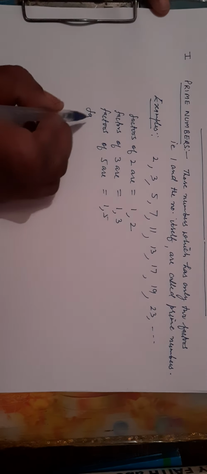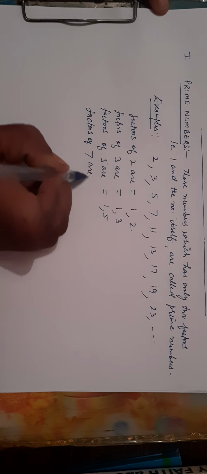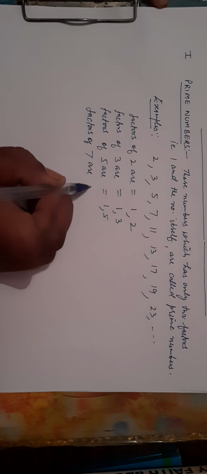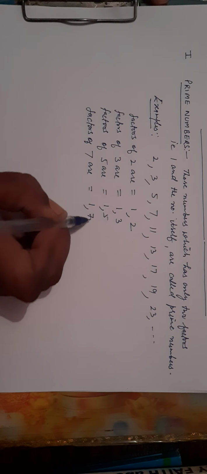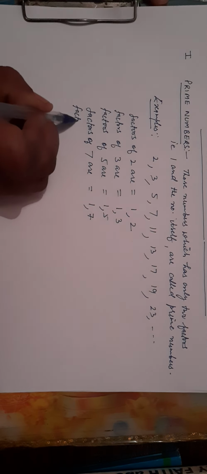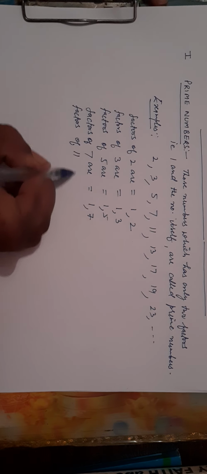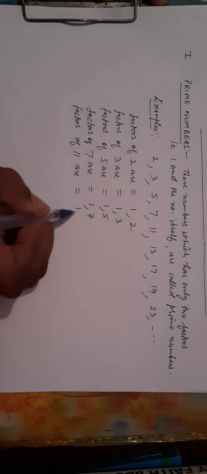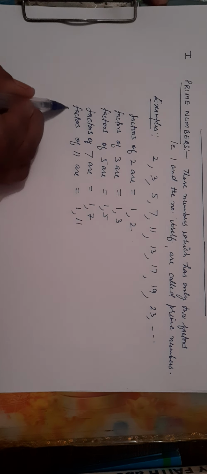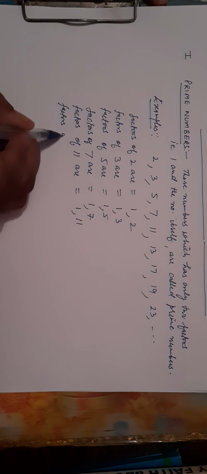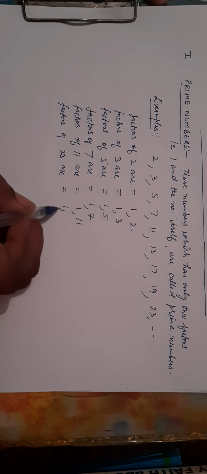Factors of 7 are 1 and itself. Factors of 11 are 1 and 11 itself. Similarly, I will take the last number: factors of 23 are 1 and 23.